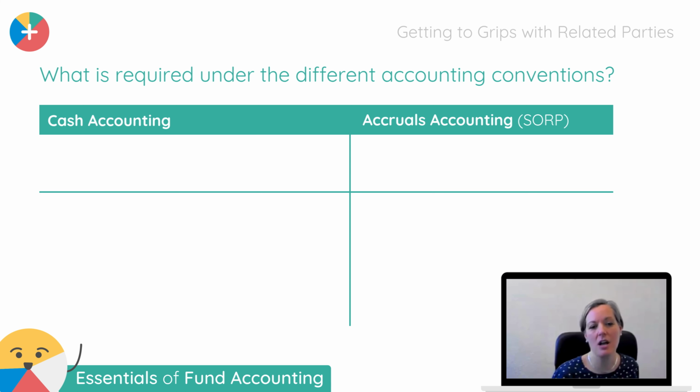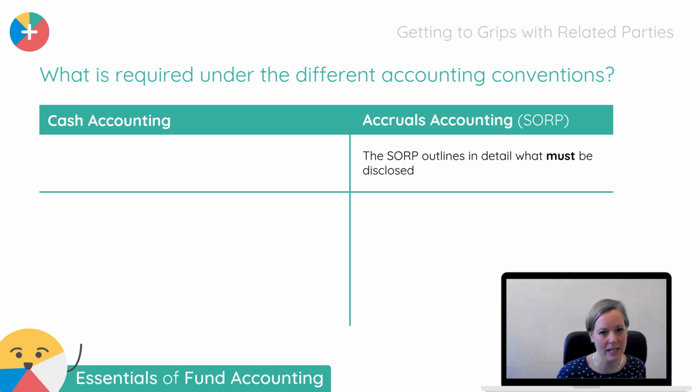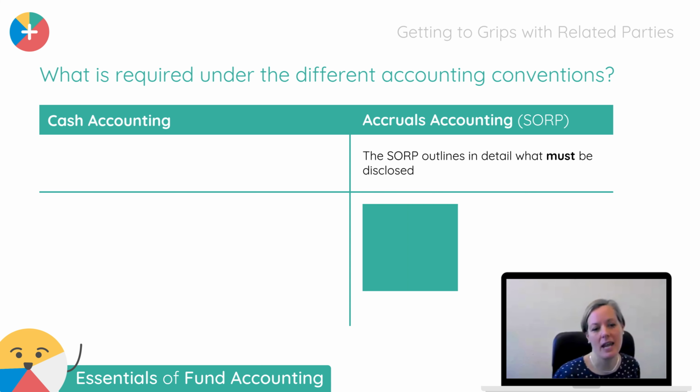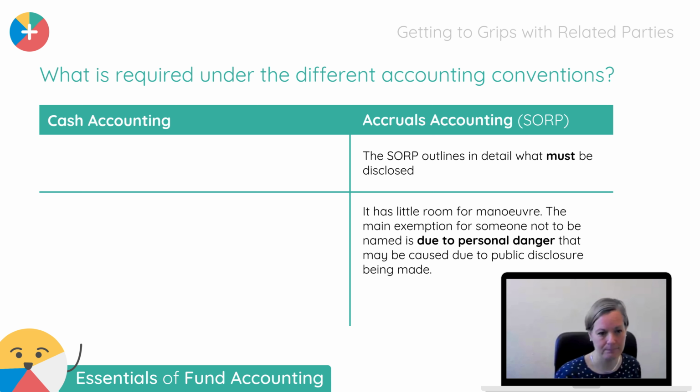So if you're accounting under the Statement of Recommended Practice, you must disclose related party transactions. That is a must. There is a small exemption to that. If it's a related party transaction and naming the related party would put them in personal danger, then that is an exception where you can omit the name of the related party.